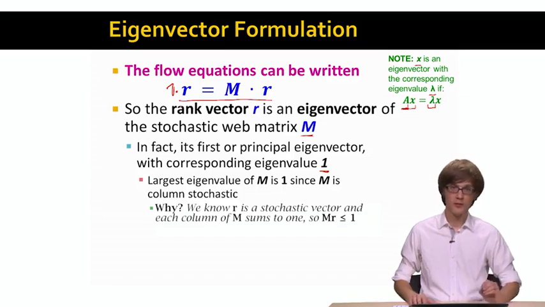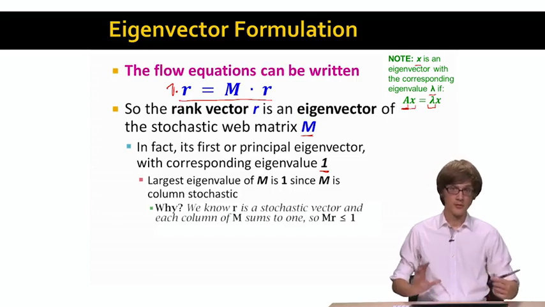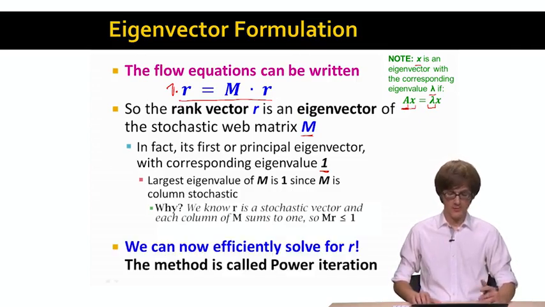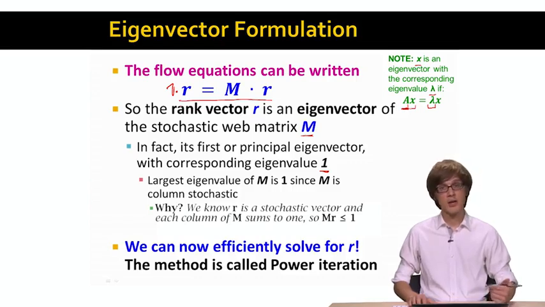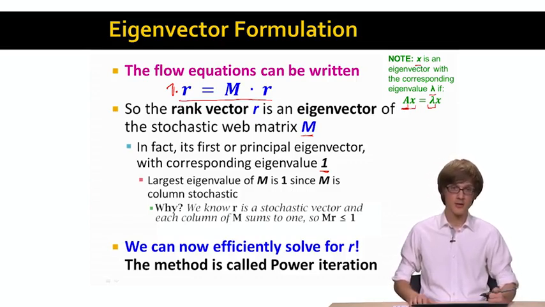So what did we do now? So far we took our graph, represented it as this big matrix, and reformulated our flow equations into this matrix formulation, and now we established the connection between the matrix formulation and the eigenvalues and eigenvectors of this matrix M. So instead of thinking of this as solving a system of equations, we can think of our problem as finding the eigenvector of matrix M. And there is a very efficient method for finding eigenvectors of a given matrix, called power iteration.